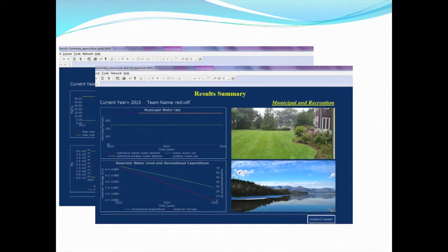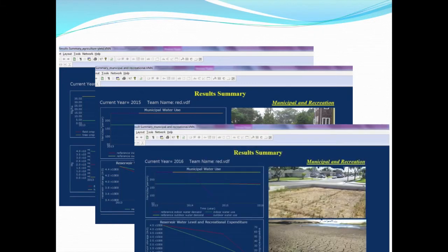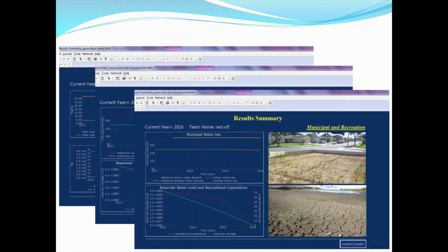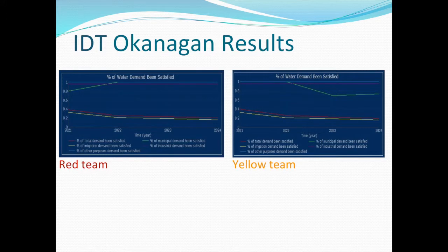There are also fun pictures here to represent the situation of the water use. Here you can see a beautiful lawn and a beautiful reservoir park. But if you're a bad player, it can also be like this. Yeah, it's bad, right?